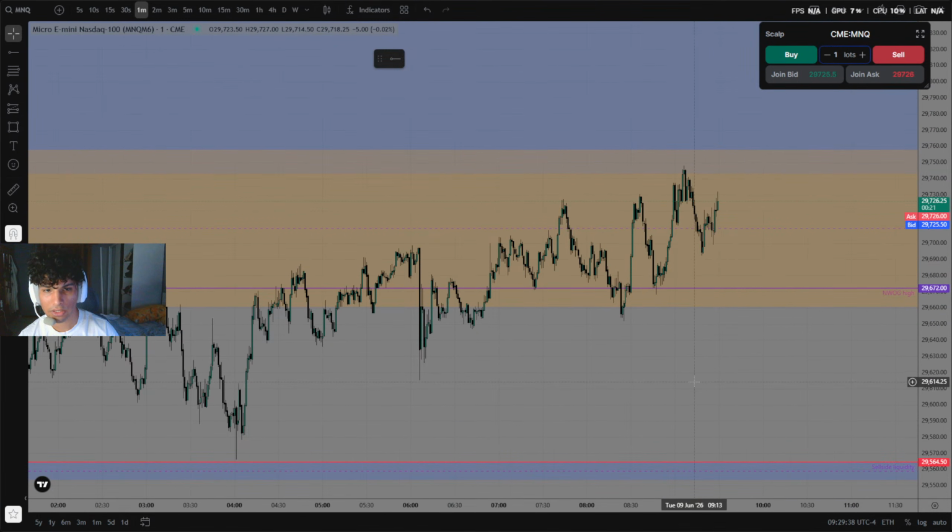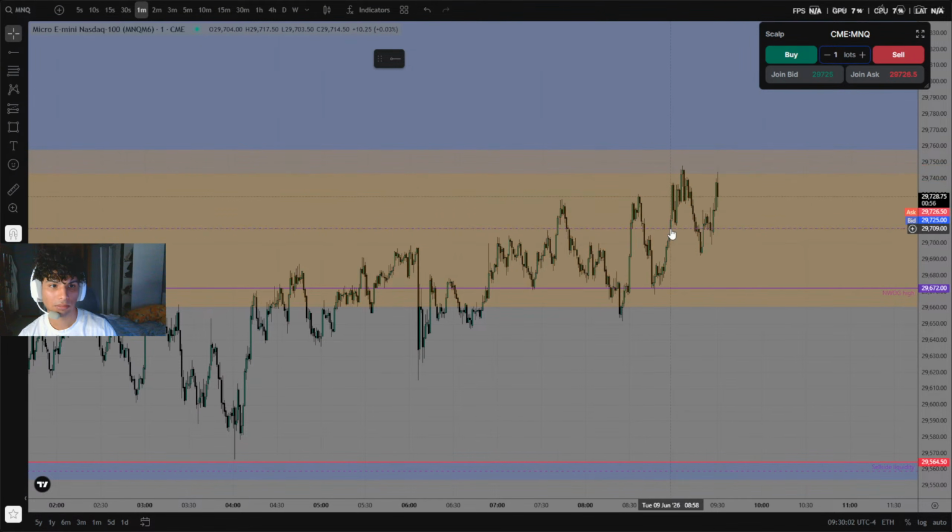So the price is very short. I'm just waiting for buy side to be taken, and I have to wait for the exact moment for the reversal. Price opened.